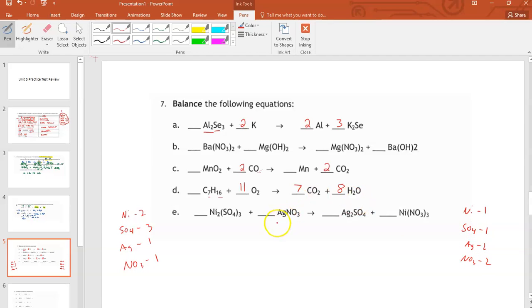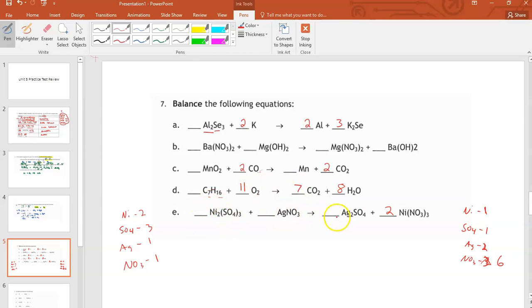So we're all kinds of unbalanced. So if I got 2 nickels here, let's start by throwing a 2 right there, right, which makes this 2. Sorry, there should be a 3 there. Excuse me, originally. 3 nitrates. But now that I added a 2 there, that makes 2 times 3, 6 nitrates. Okay? Now, let's see.